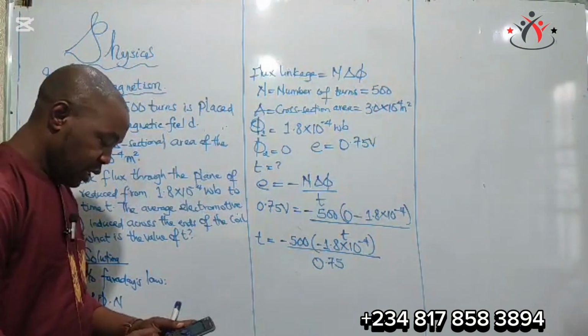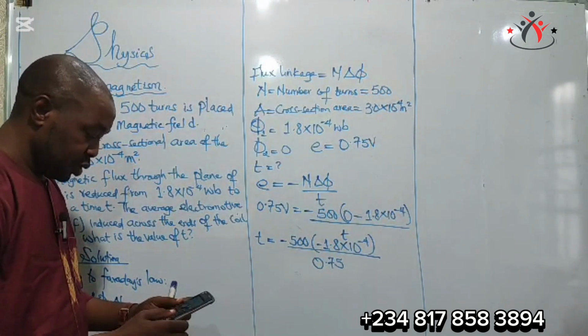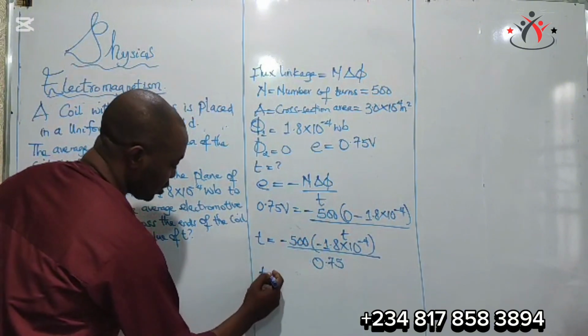Now, 500 multiplied by 1.8 is 900, and negative times negative is positive.